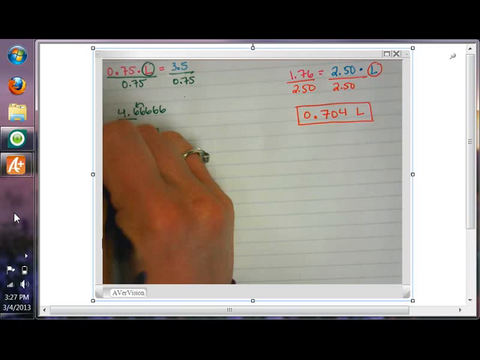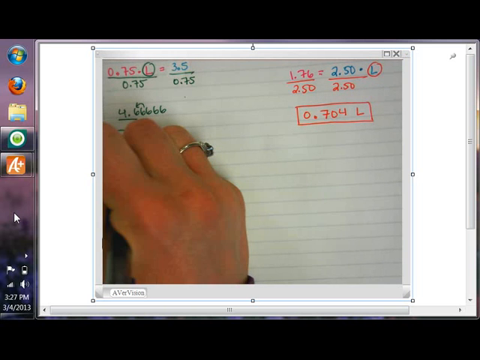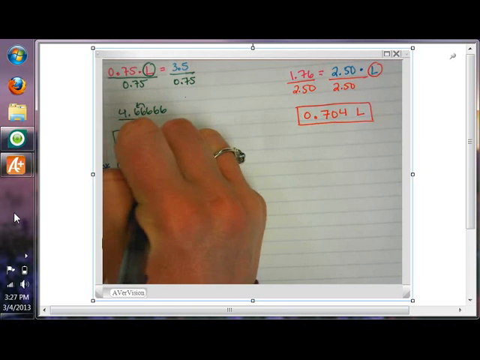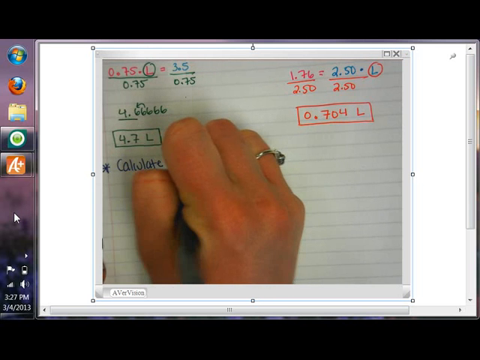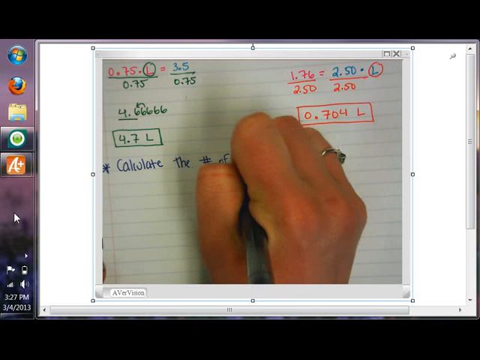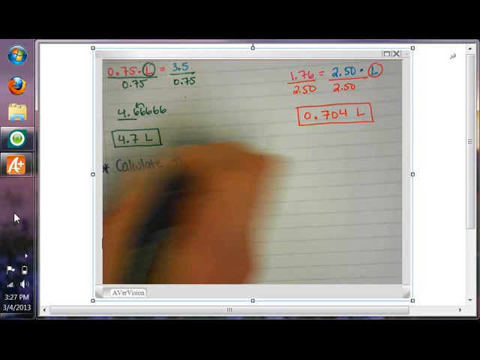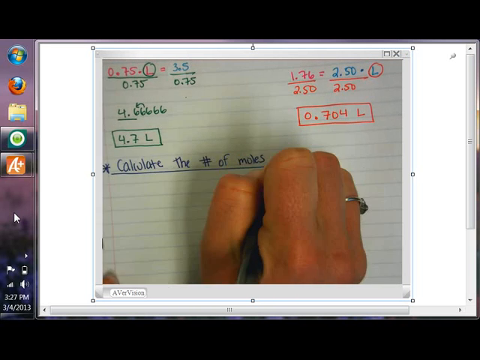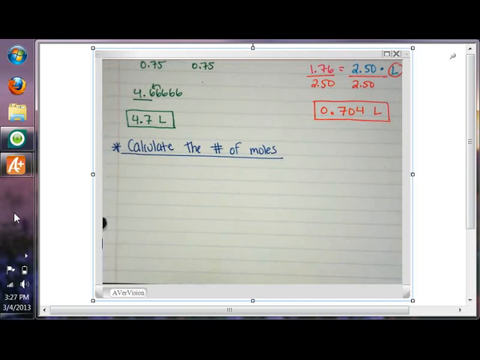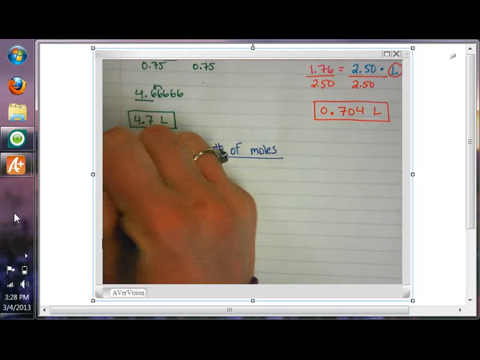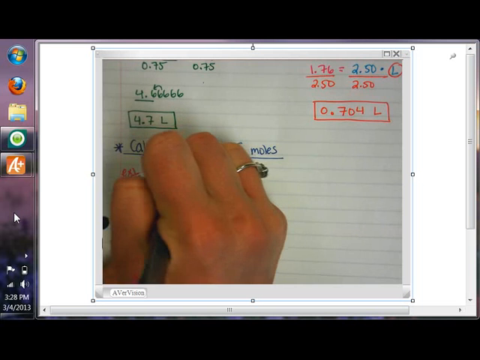Now there is a second type of problem, and I'm going to do just one of those. So the second type of problem is going to be calculate the number of moles. And with this guy, it's the same exact idea.